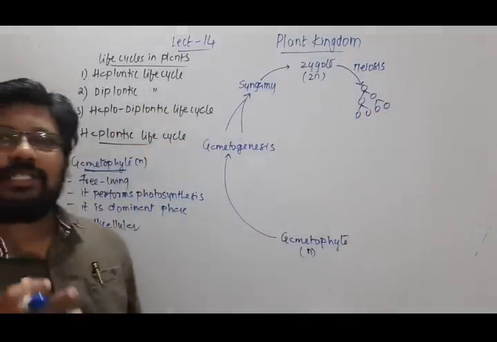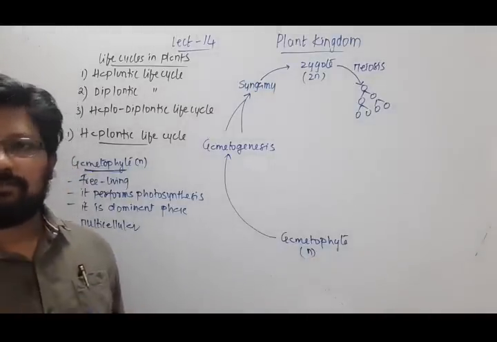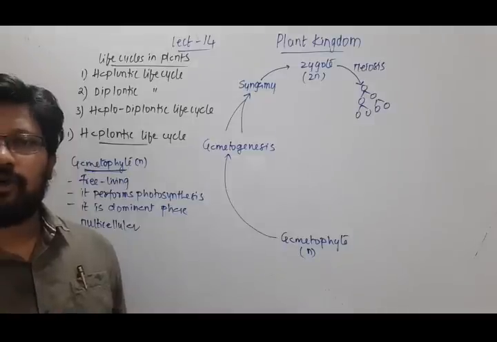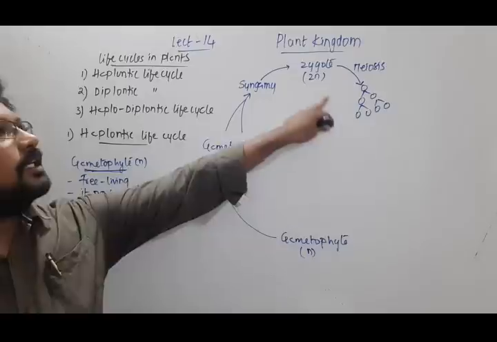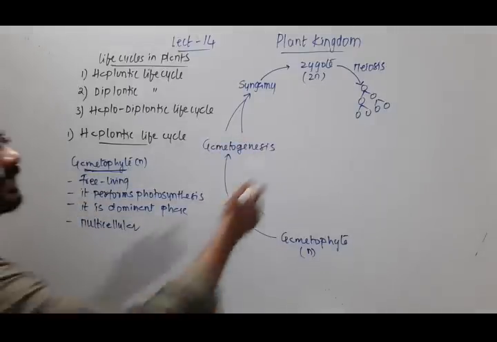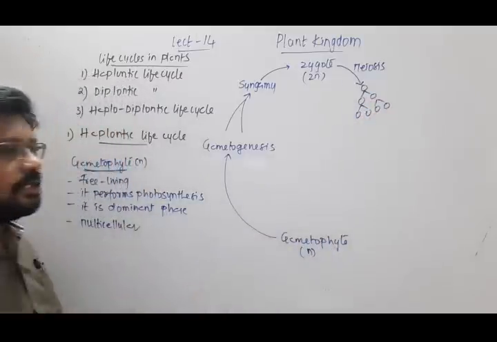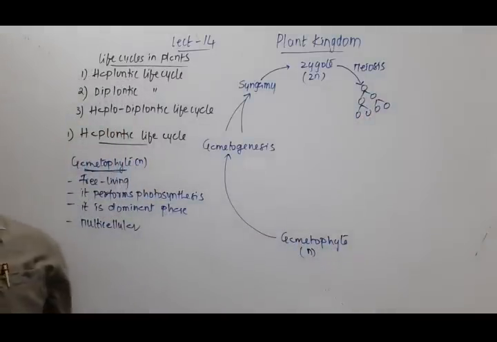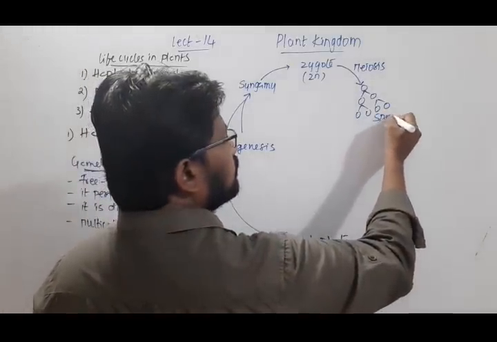In meiosis, from one mother cell four daughter cells are formed. So the zygote undergoes meiosis and produces four cells, called spores.